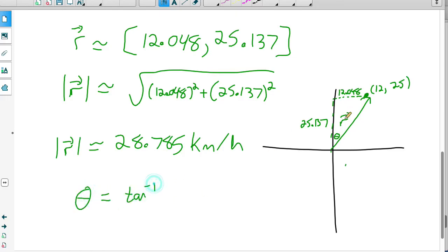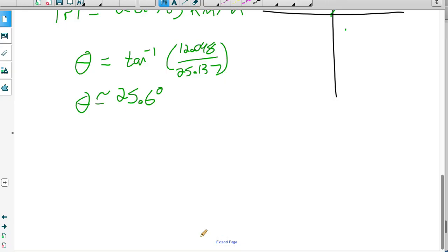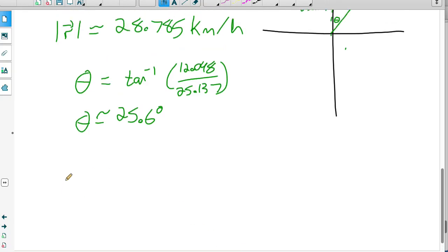Inverse tan of opposite 12.048 over adjacent 25.137, and then I can get that angle. And that angle is about 25.6 degrees.